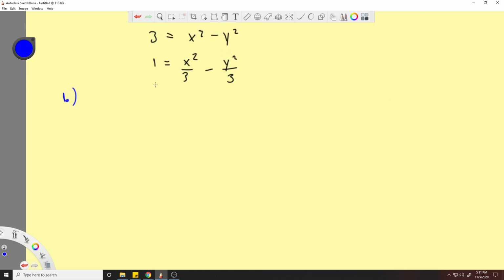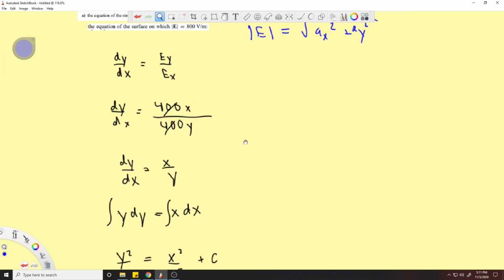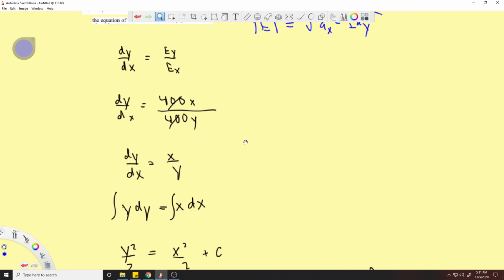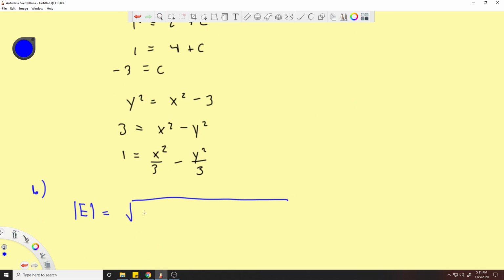So let's set that. The magnitude of E is going to be equal to the square root of the x component of this E field, which is 400y, squared, plus 400x, squared.